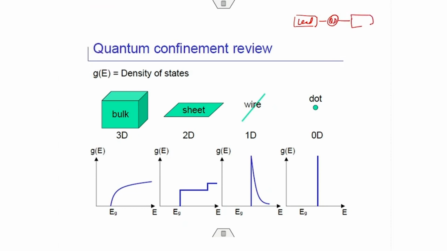There is another lead, the source, here. You connect it like this, and finally you put a capacitor here with some gate voltage. As you see, this is a voltmeter and this is the current I passing through it.